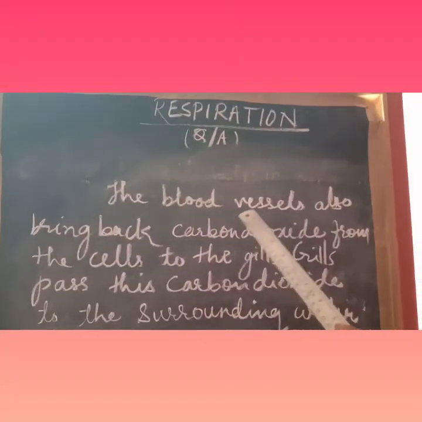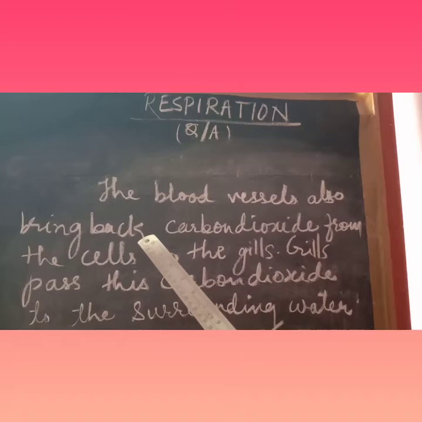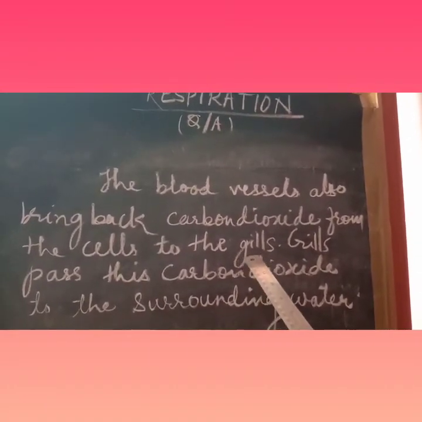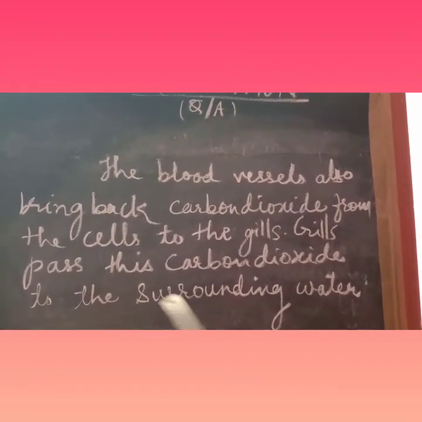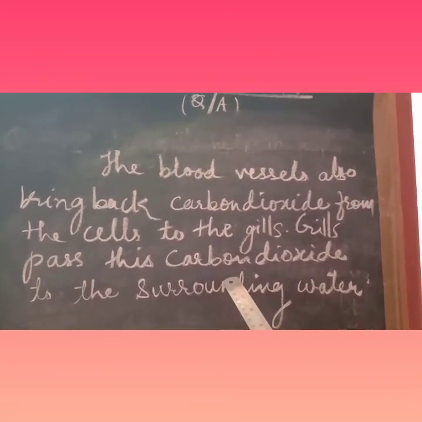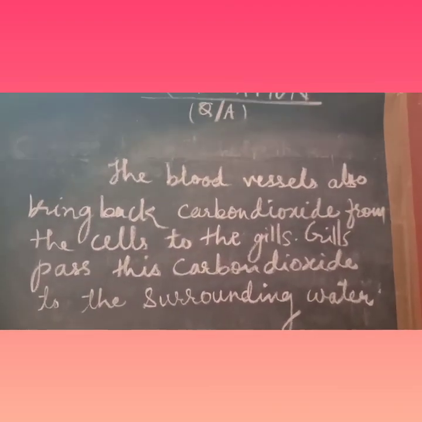These blood vessels are also responsible for bringing carbon dioxide back from the cells to the gills. Gills pass this carbon dioxide to the surrounding water. So this is how gills help in breathing in aquatic animals.